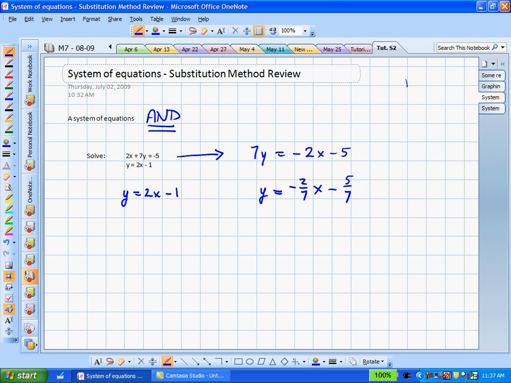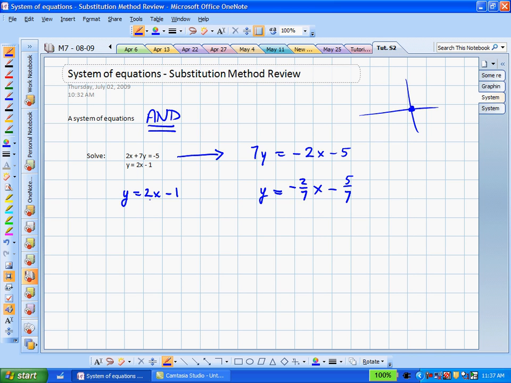In general, if you have two lines, they intersect, there's only one point that satisfies both lines. So we're trying to find the one xy coordinate pair that makes both of these equations true.